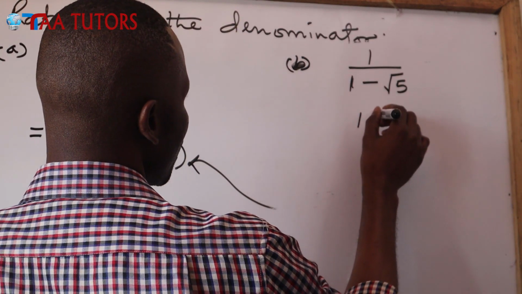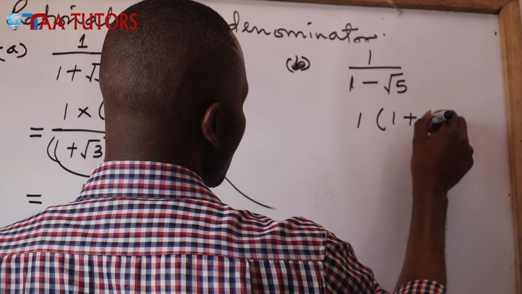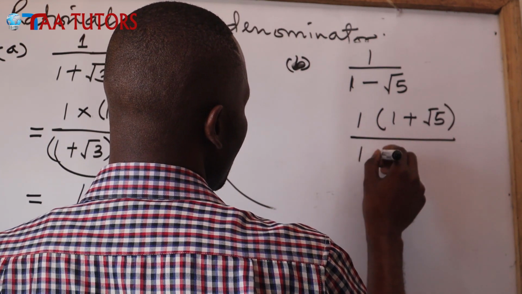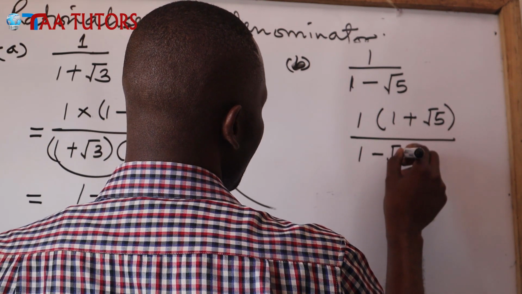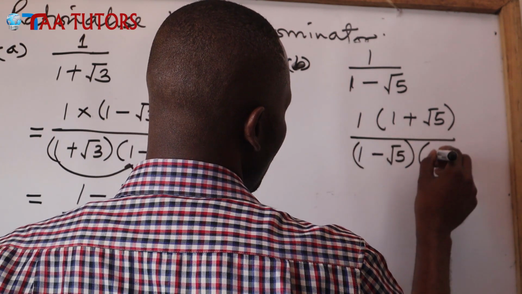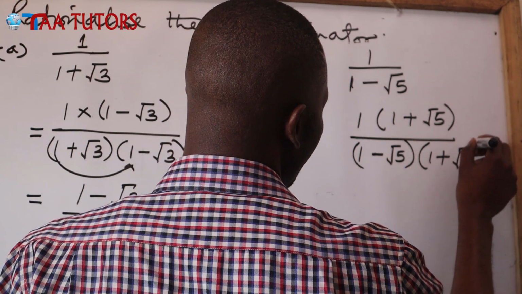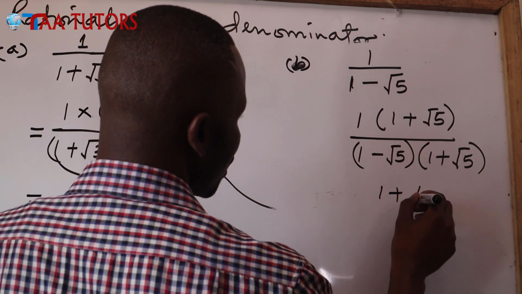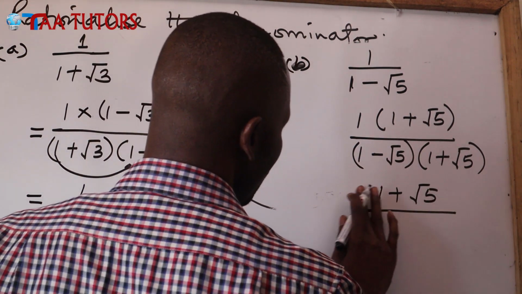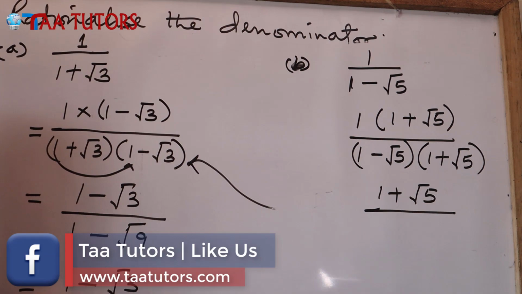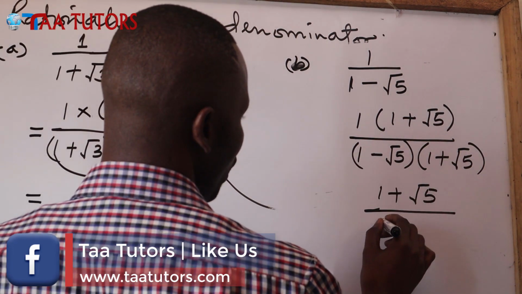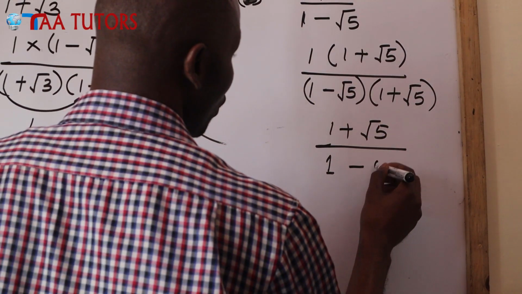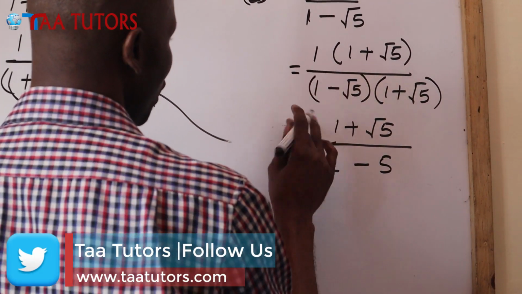So we'll take 1 in bracket 1 plus surd 5, which is our conjugate, everything divided by 1 minus surd 5 multiplied by its conjugate 1 plus surd 5. So if you open the bracket, that will be 1 plus surd 5 divided by, you realize again we have the third quadratic identity. 1 times 1 is 1 squared, which is 1, minus surd 5 times surd 5 is 5.